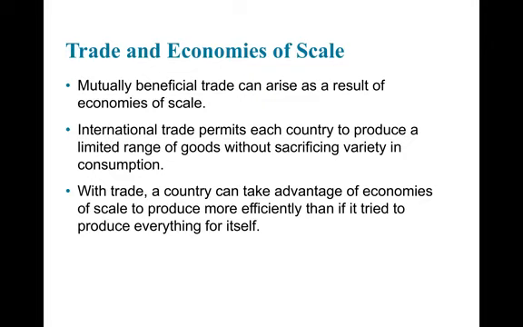At the same time, the fact that you can trade allows you to do so without sacrificing variety in consumption. So a country with trade can take advantage of economies of scale to produce more efficiently than if it tried to produce everything for itself.